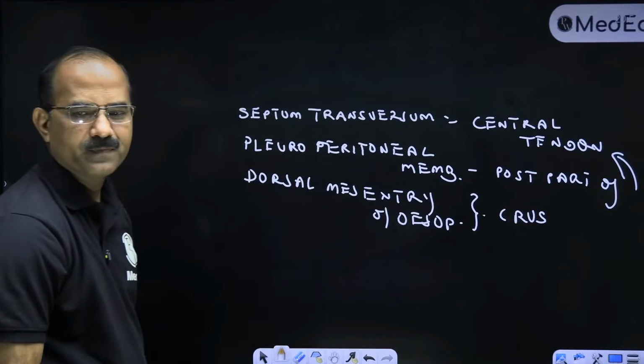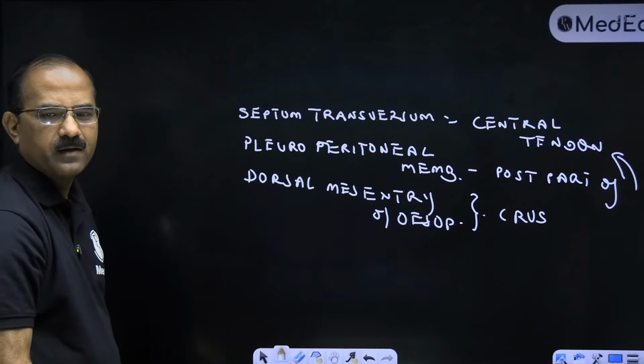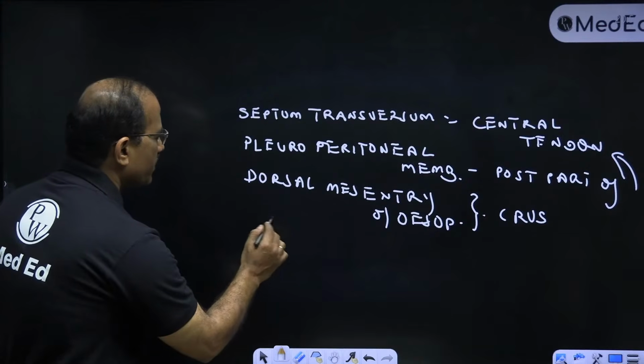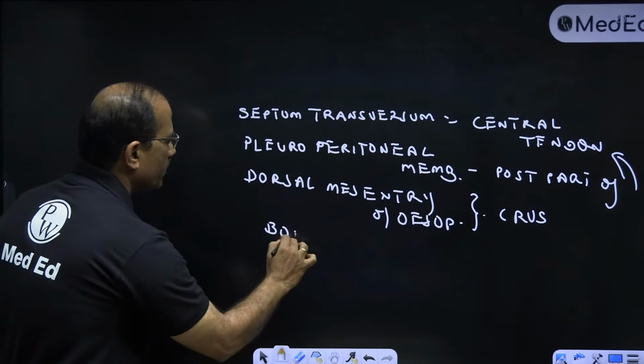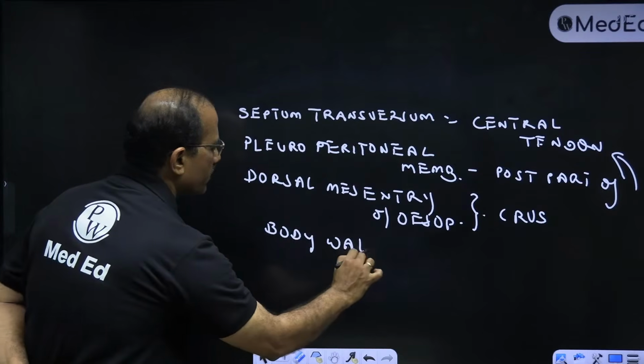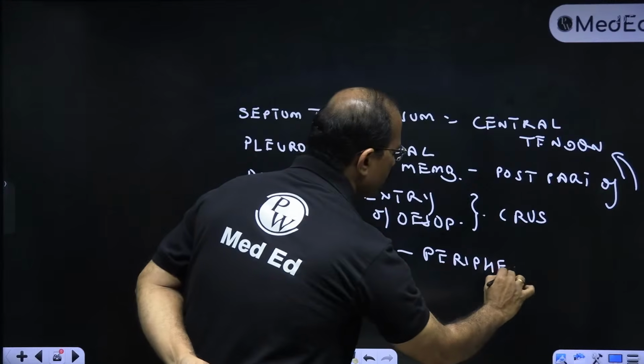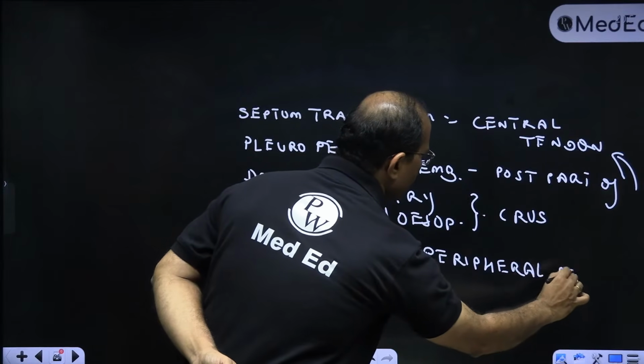Crus. What is left? And the last one is what? Body wall. Body wall forms the peripheral part of the diaphragm.